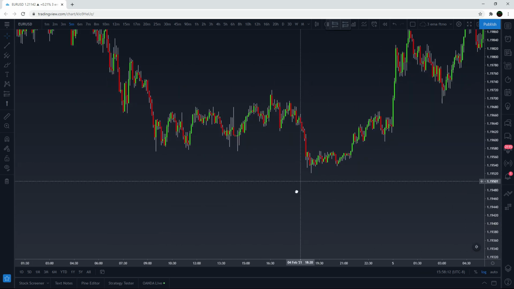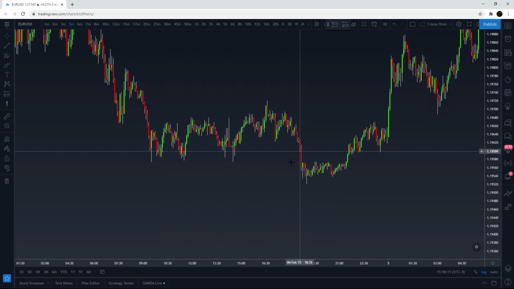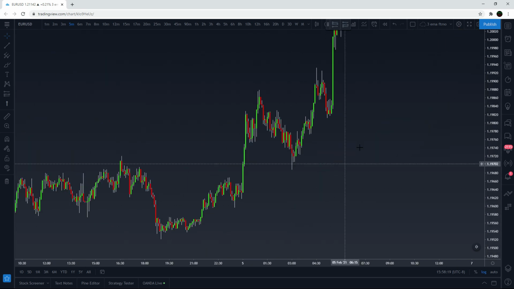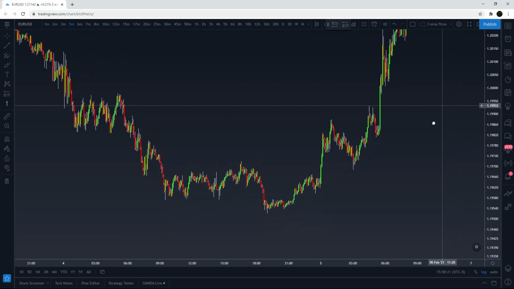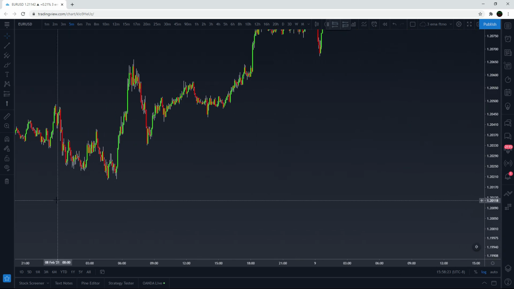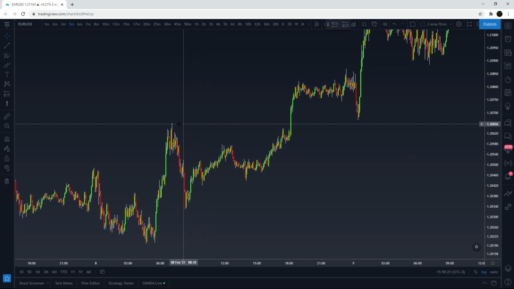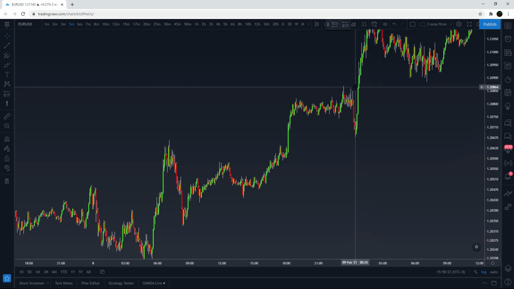So I guess you would have done the same thing right here as well. Short at some point along here and win. Or when it's like a support and resistance flip, you could say, hey, look, this pulled down here and it found support above the prior level and then continued up. So I went long at some point along the way here.